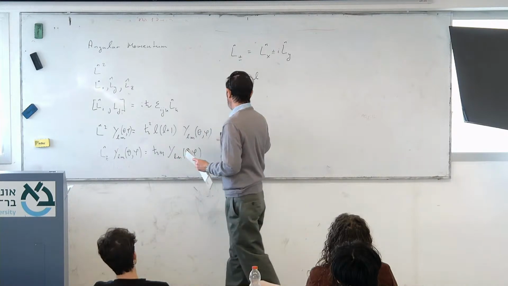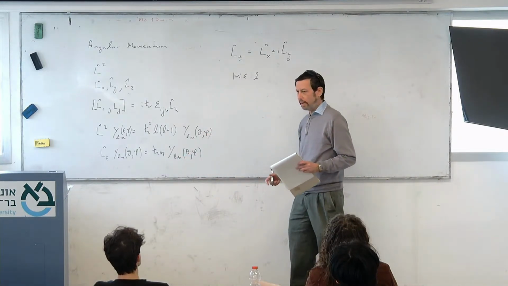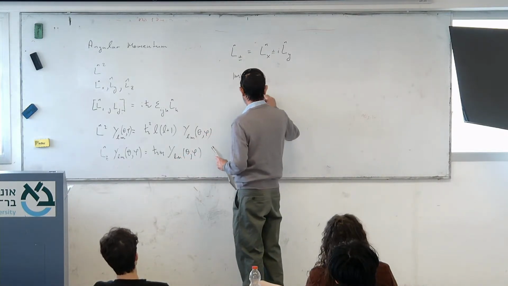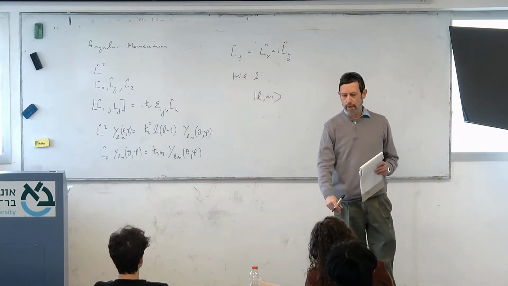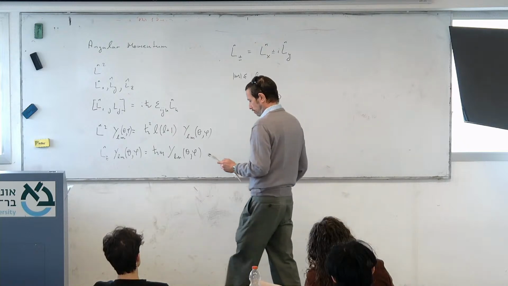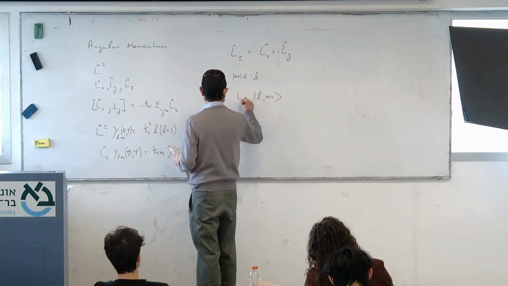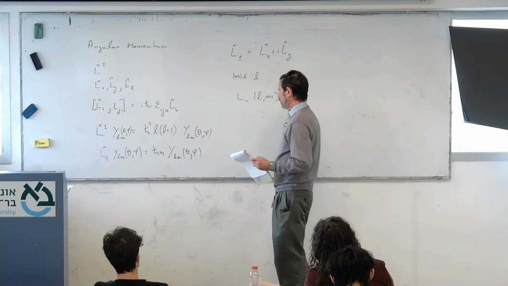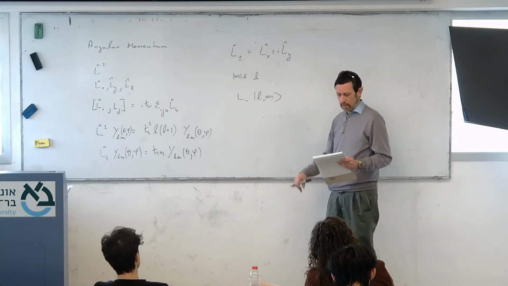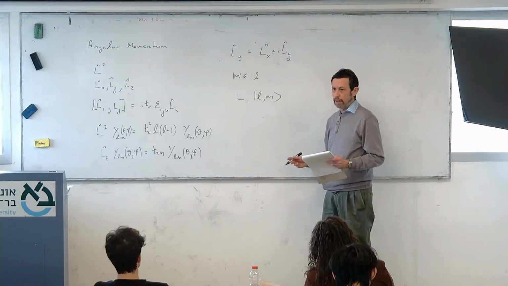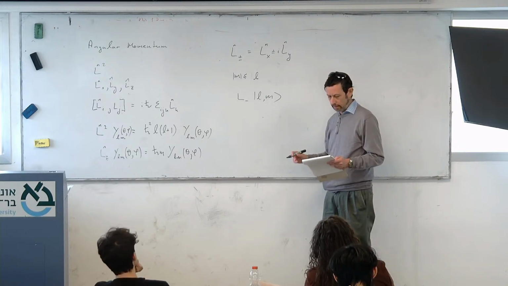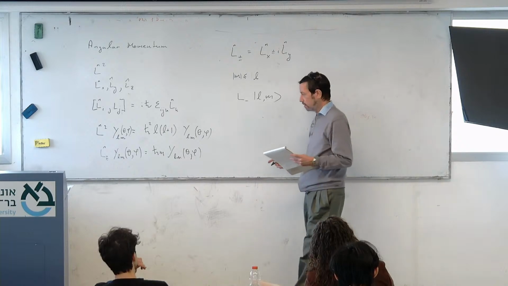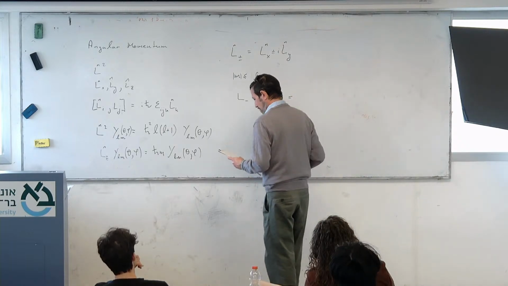So instead of writing this whole Ylm, we'll simply write it in the following way. And we will apply L minus on Lm and ask ourselves, what do we get?